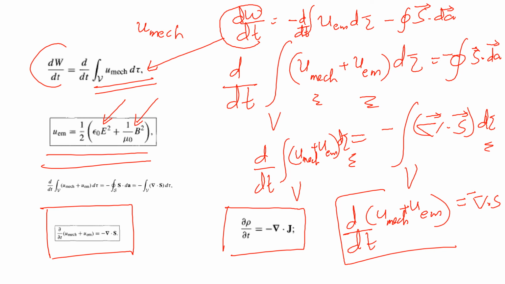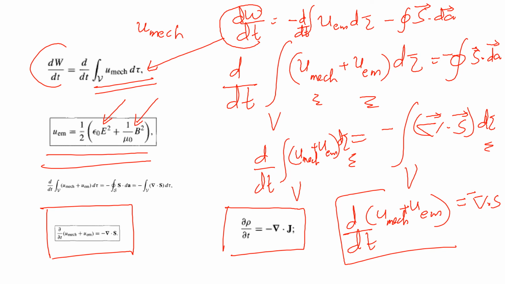Here, U mechanical plus U electromagnetic is replaced by rho, and S is replaced with J. So that is why at the beginning we said that it is similar in mathematical form to the continuity equation.